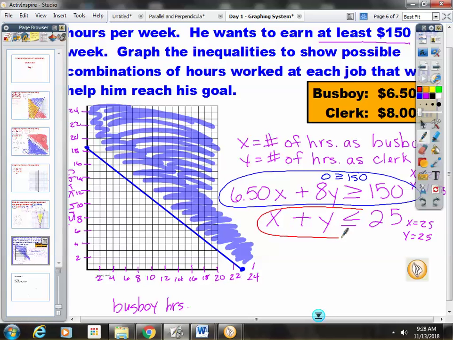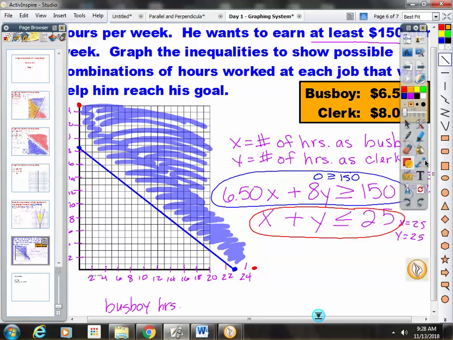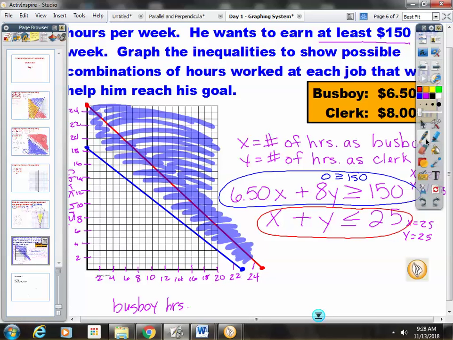For the second inequality, I have x and y-intercepts at 25. Again, a solid line is needed. If I test 0, 0 here in this second inequality, I have 0 is less than or equal to 25.